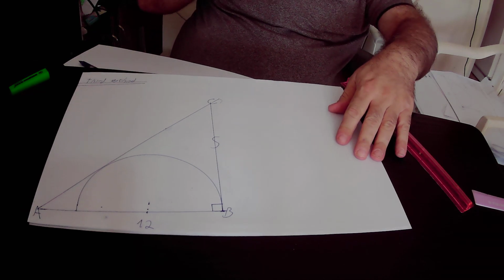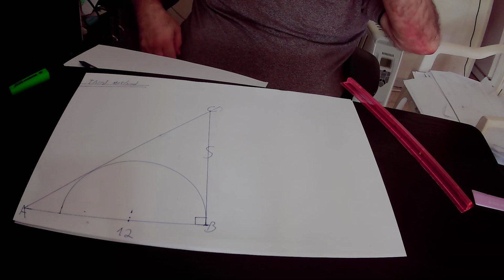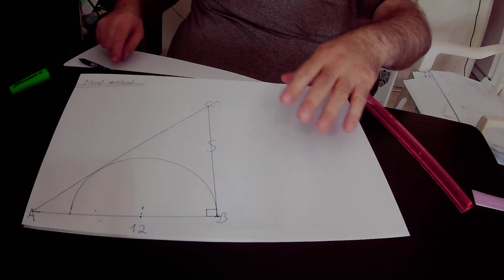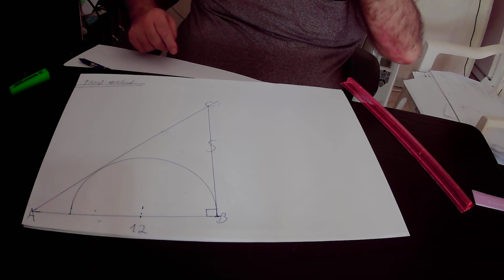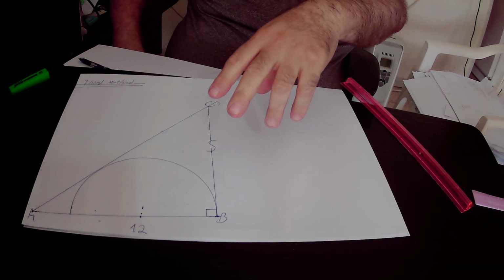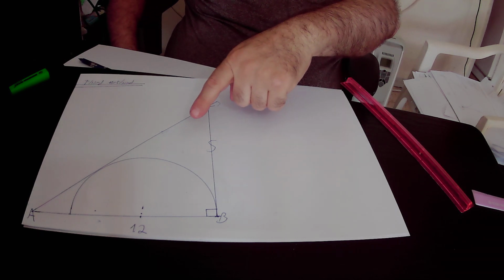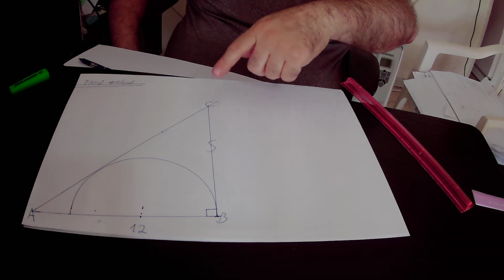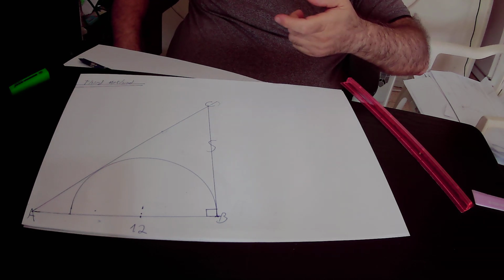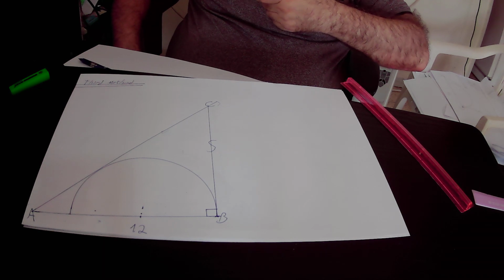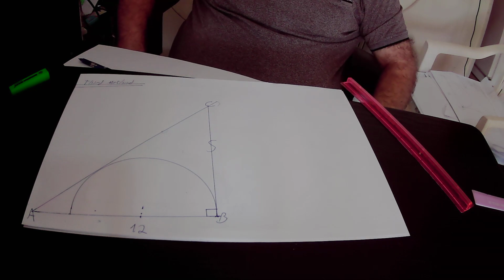So actually, in the third method, we will draw the mirror image of this figure, and then we will join this figure with its mirror image, and in this way we will create a circle that is inscribed by an isosceles triangle.